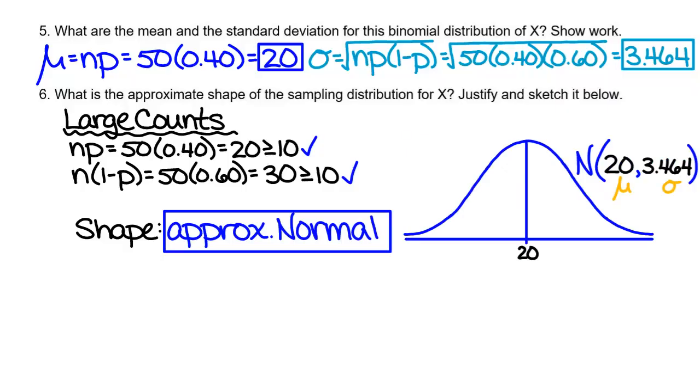Make sure that right down the center of your sketch you have that mean of 20. So far, so good? All right, let's flip the page over.